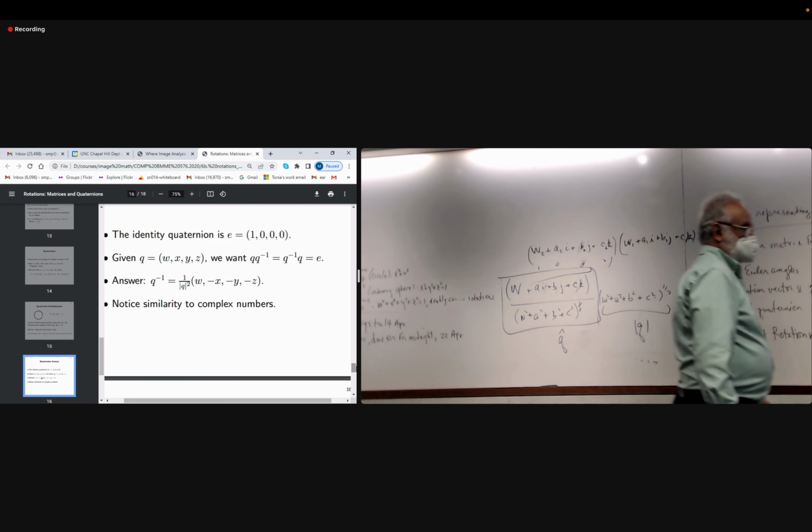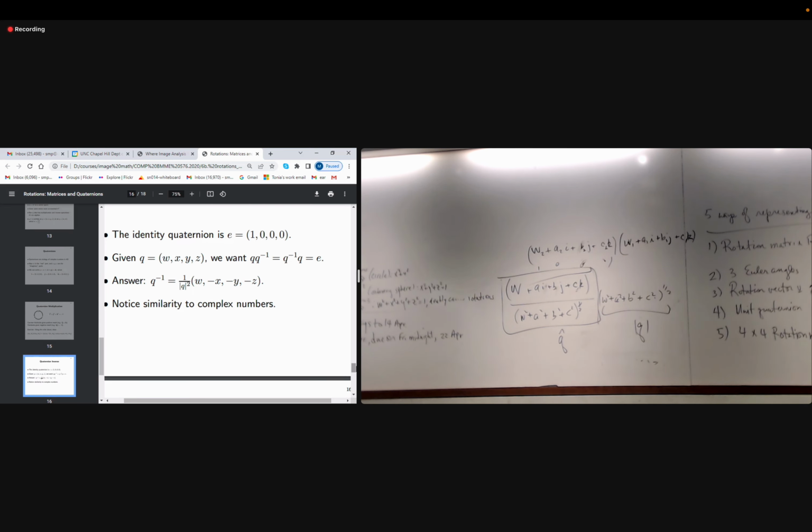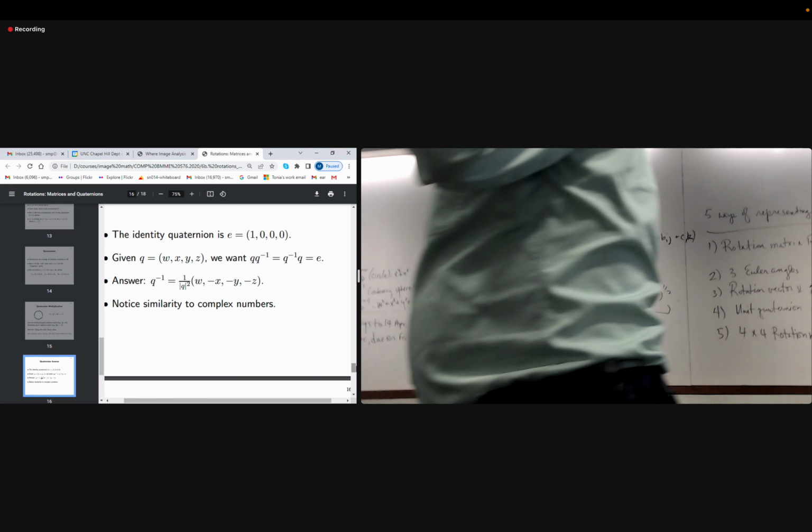So the upshot is multiplying by a scalar gives you a quaternion. That's a rotation composed with a scalar multiplication by w squared plus a squared plus b squared plus c squared to the half. Okay, so now a quaternion is not just a rotation, it's a rotation composed with a scalar multiplication. For unit quaternions, the scalar multiplication is by 1.